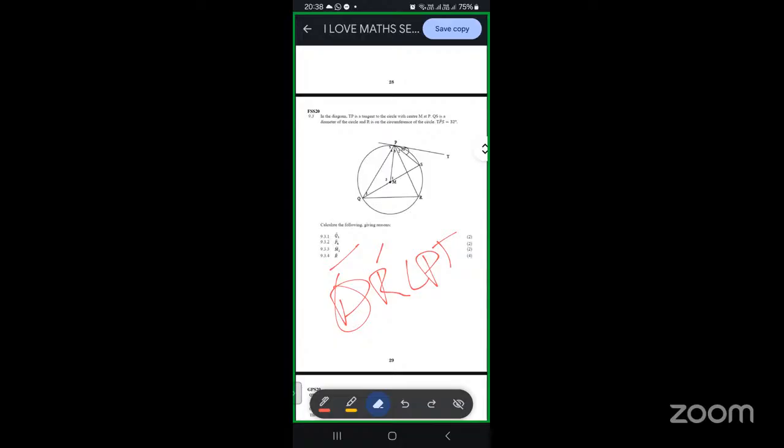Sir, there is no cyclic quad. Are you sure? Is that a yes, there is a cyclic quad, or yes, I'm sure that there is no cyclic quad? There is not. I'm saying there is.